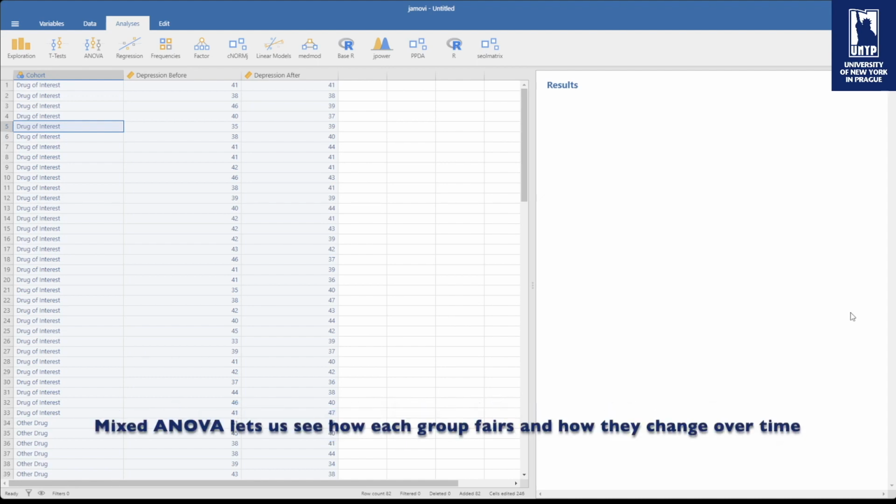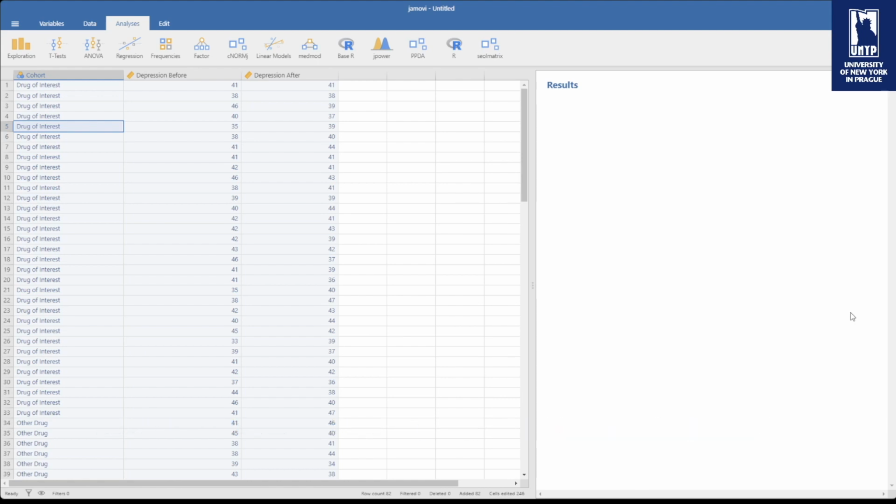Mixed ANOVA helps us slice and dice the data to see not just how each group fares, but how they change over time. As I said, we're getting the best of both worlds. And that's not depression and drugs, but related groups and unrelated groups. That's my opinion at least. And now it's showtime.